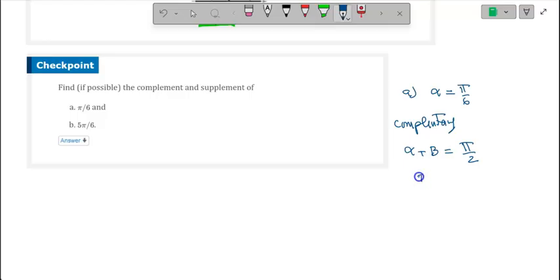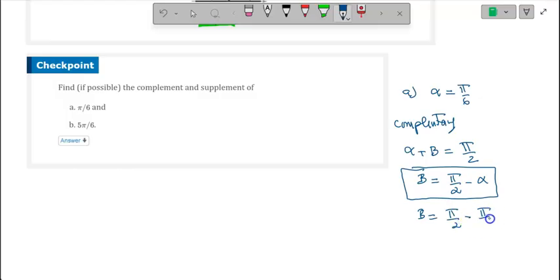So beta, by consequence, is pi over 2 minus alpha. So this is the formula you're going to be using, all right? And if I do this, beta is going to be pi over 2 minus alpha, which is pi over 6.